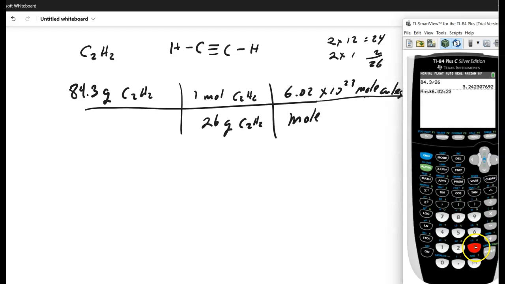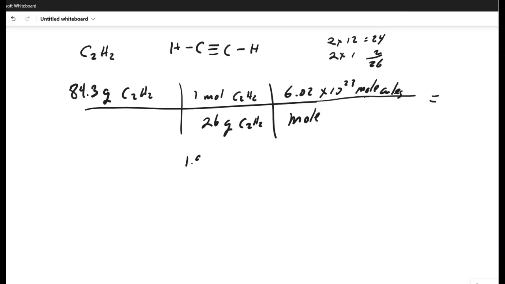That's 6.0 times 10 to the 23rd. And my answer is 1.95 times 10 to the 24th molecules of C2H2. Okay, so that's a pretty big number.